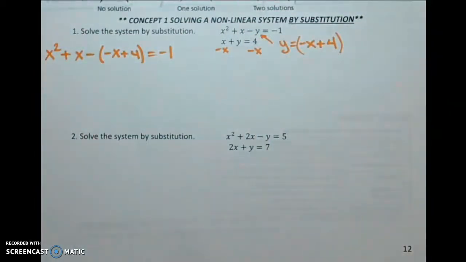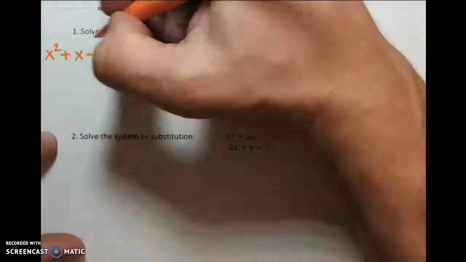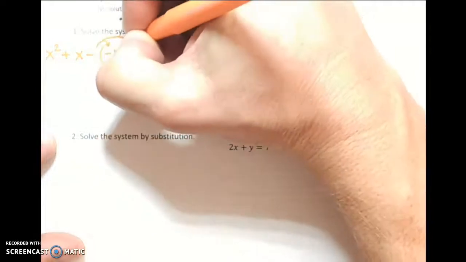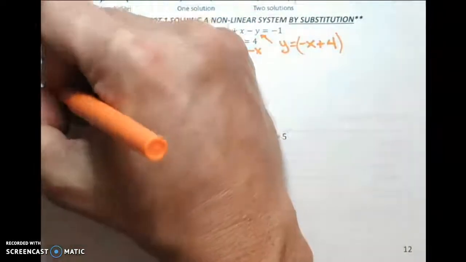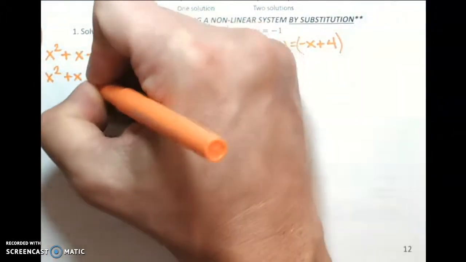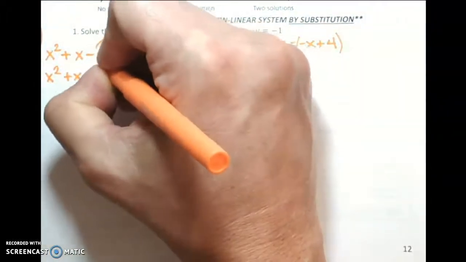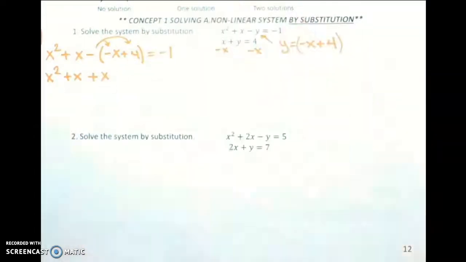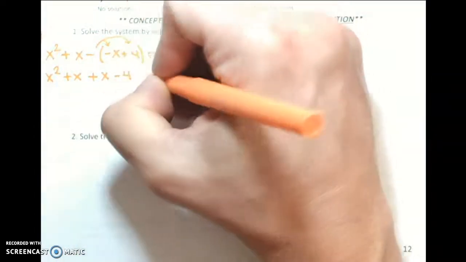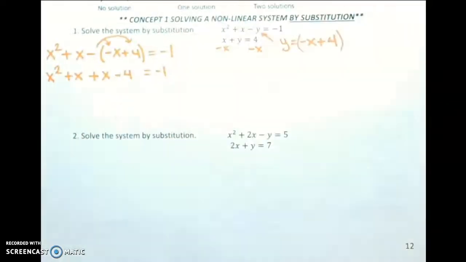Alright, now I have my equation which I'm going to solve. It is a quadratic. So what I'm going to do is distribute here and then try to get 0 on one side of the equation. Okay, so I got x squared plus x plus negative times a negative is positive x. Negative 1 times 4 is negative 4 equals negative 1.